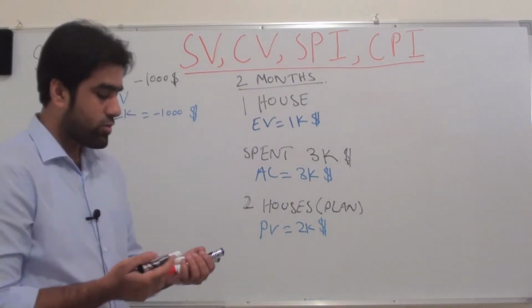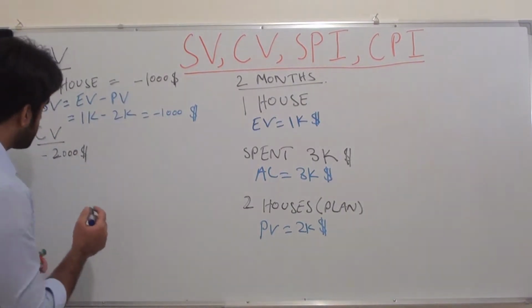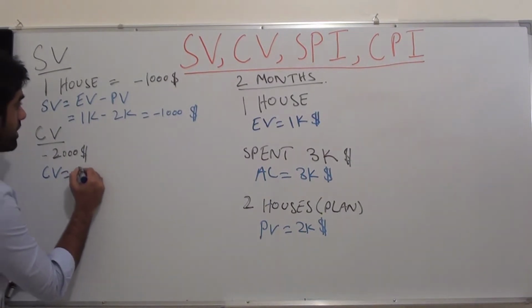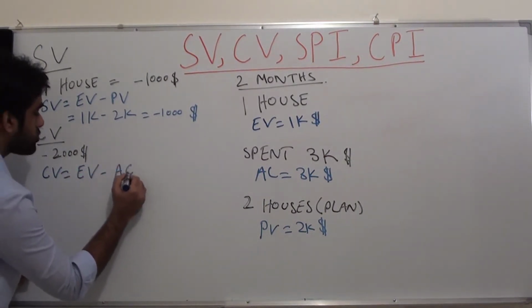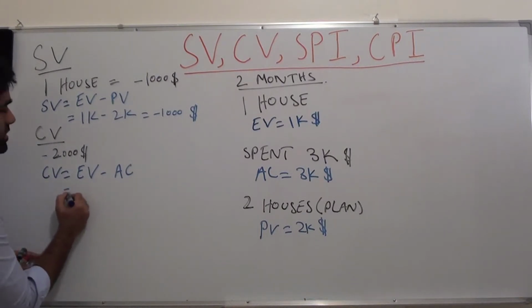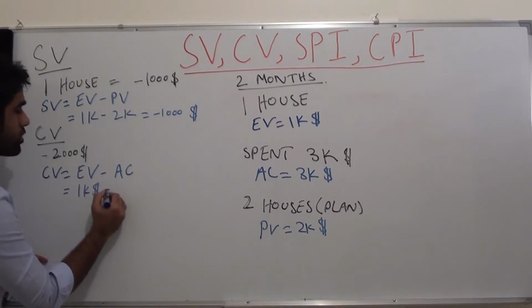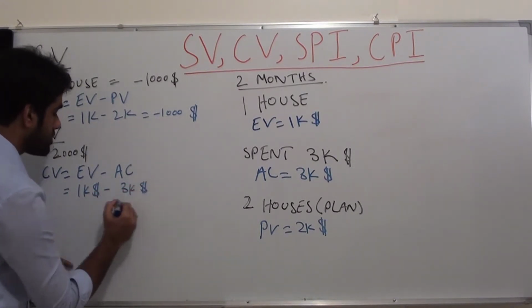But in the exam we have to use formulas. So what is the formula for cost variance? Cost variance is earned value minus actual cost. So earned value is $1,000 minus actual cost of $3,000.